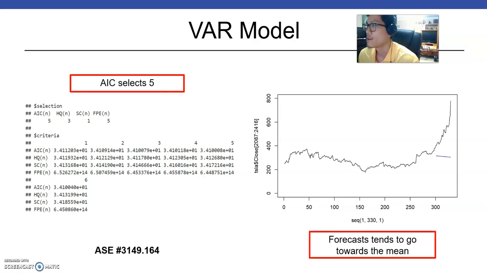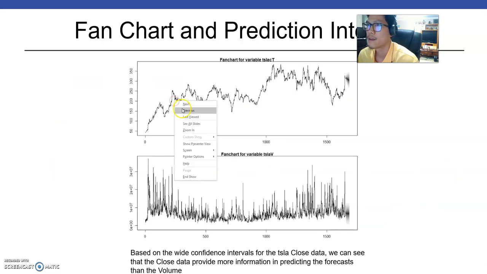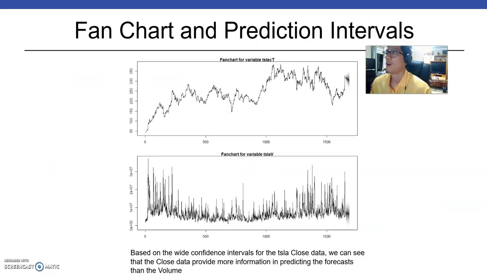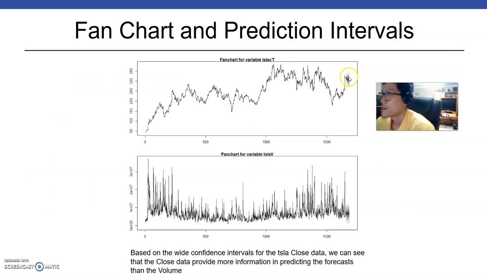You can see that the forecast for this model stays flat and expects the model to return to the mean. However, the ASE score is quite low with a value of 3,150, our best, most accurate model yet. The fan charts here give you a look at the confidence intervals for these VAR predictions.